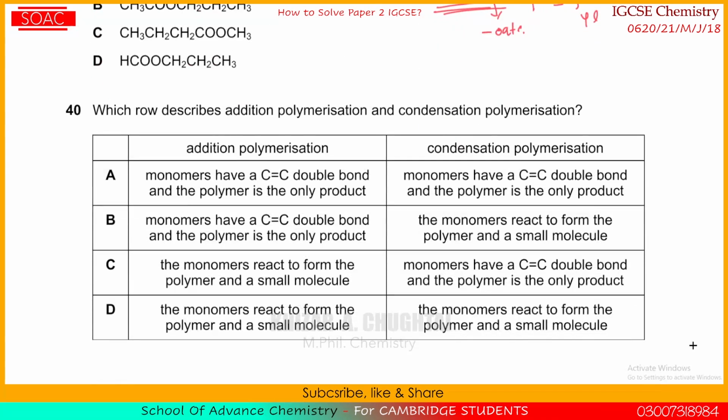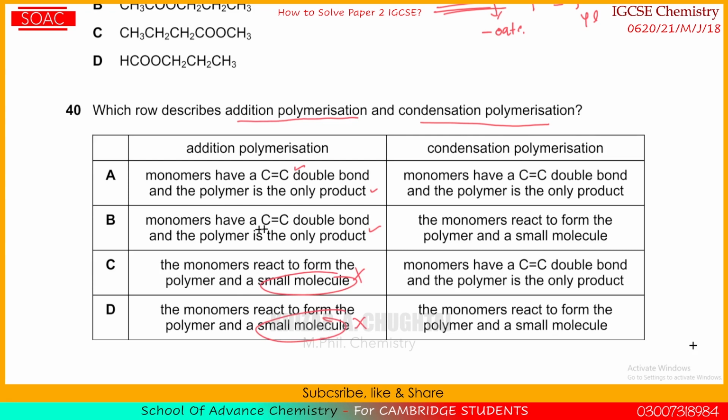Question number 40. Which two describe addition polymerization and condensation polymerization? Addition polymerization, monomers have a carbon-carbon double bond, and the polymer is the only product. Yes, it is correct. Monomers react to form the polymer and a small molecule. No, there is no small molecule.